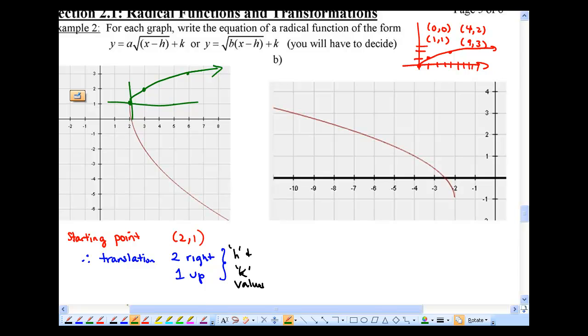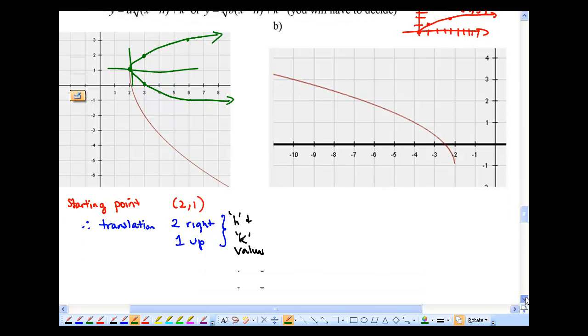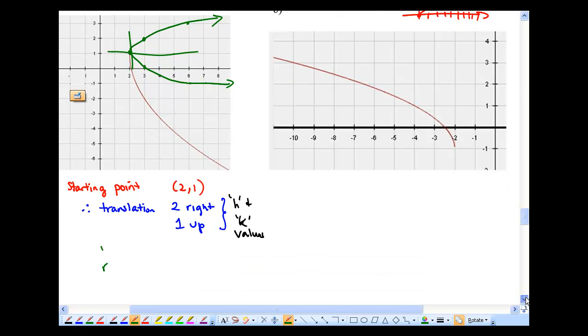Well, obviously I think there's a reflection here. So if I had a reflection, probably in the x-axis, that would look like this. So, ding, ding, ding. We know there's already a reflection in the x-axis.